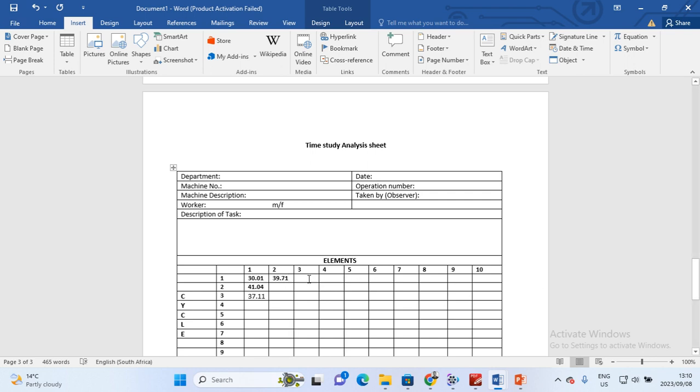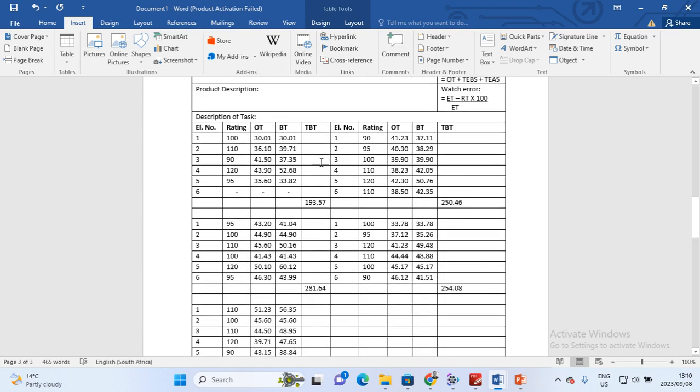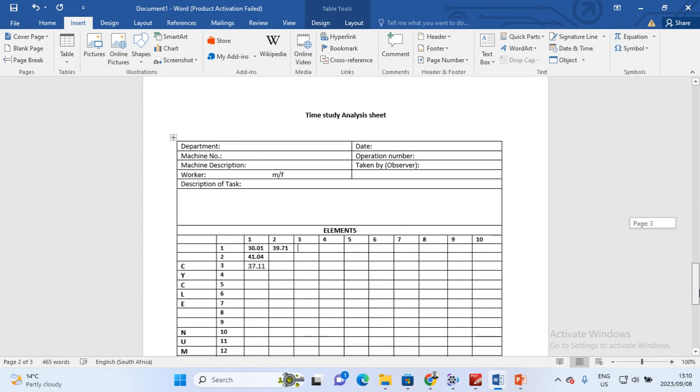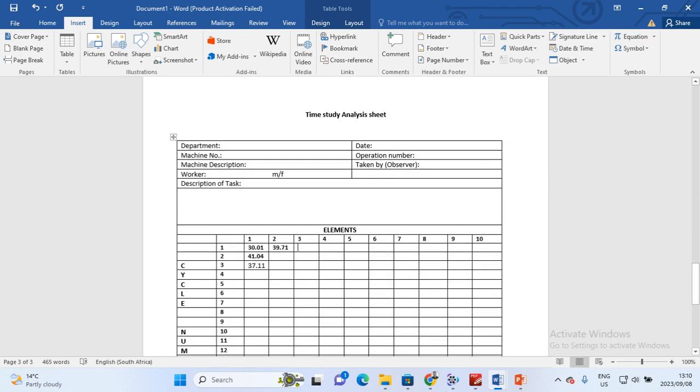Then we're going to move on to our third element, still in our first cycle, which should be 37.35.